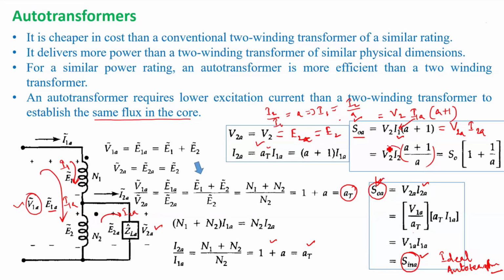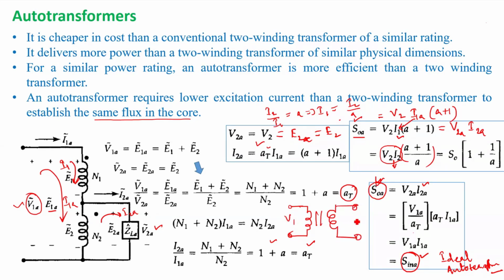So now V2 I2 is nothing but the apparent power output of the two winding transformer. If your two winding transformer is looking like this, already I have shown you the picture, right? So this is your two winding transformer.